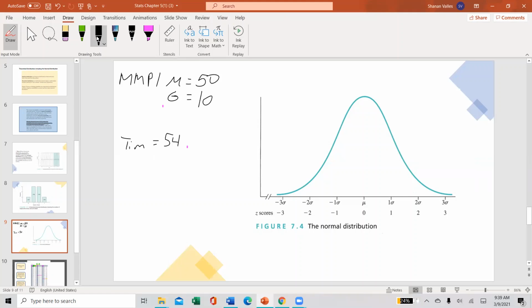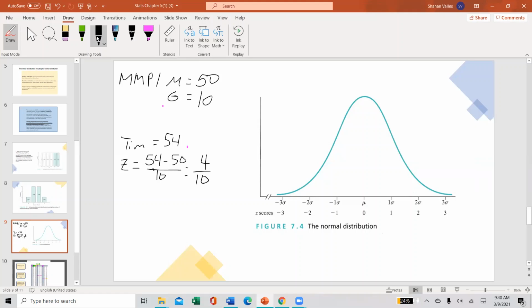So in order to get percentile ranking, you have to know the Z-score. So we have to calculate the Z-score first. So Z would be equal to the raw score minus the mean divided by the standard deviation.